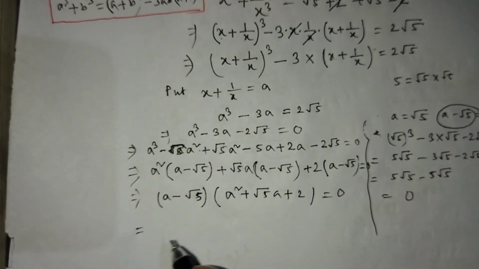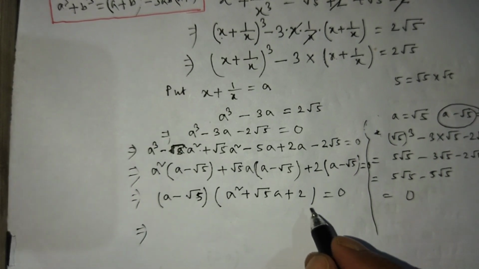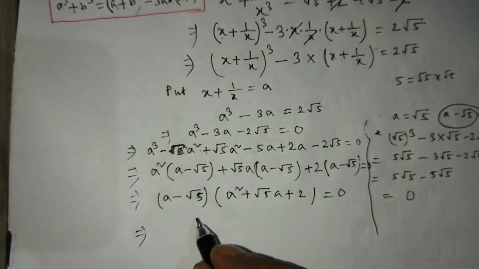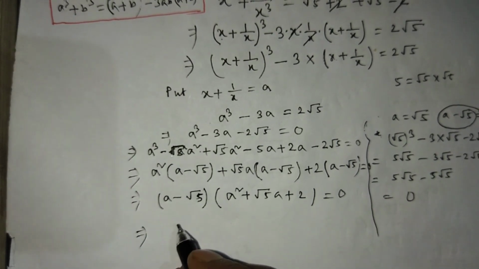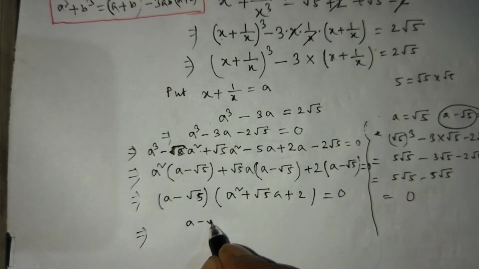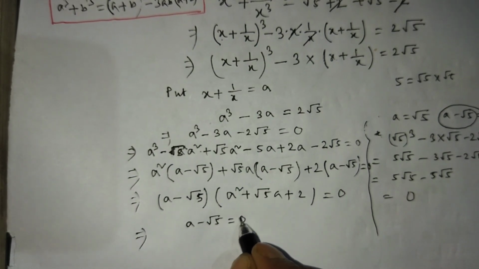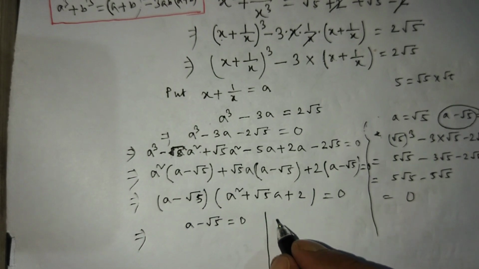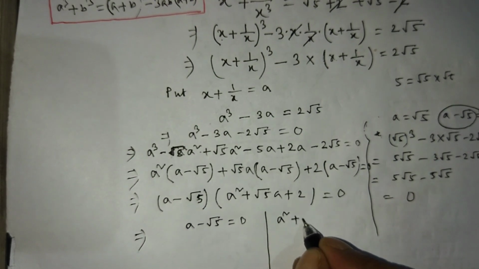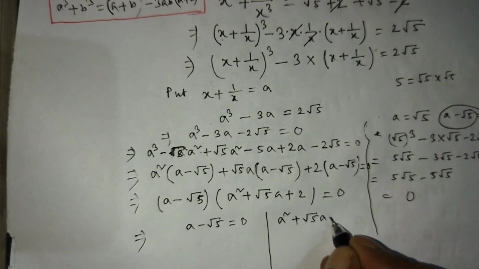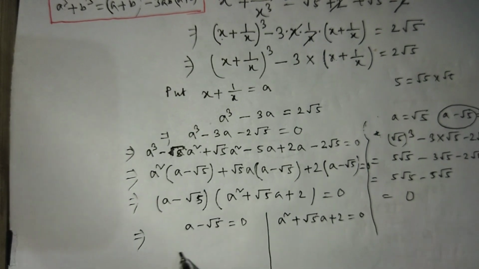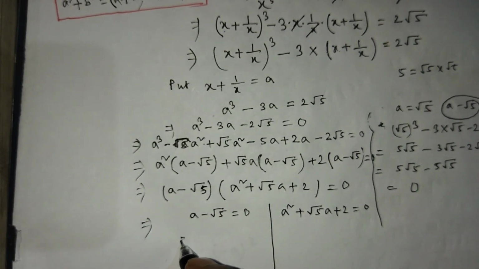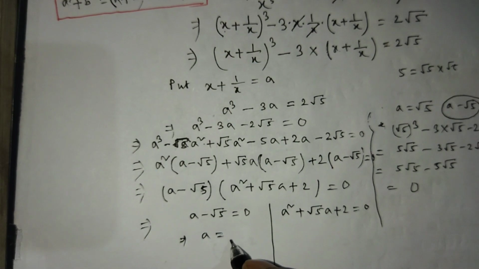So student, we have to apply the zero product rule. So if you apply the zero product rule, you have to write a minus root 5 is equal to 0, and here we have to write a square plus root 5a plus 2 is equal to 0. So in this equation the value of a will be root 5.